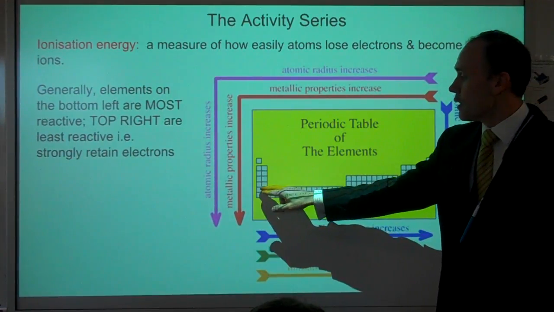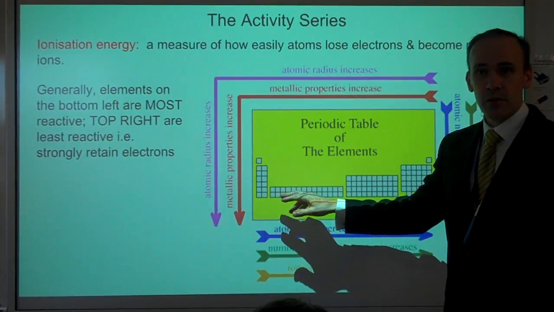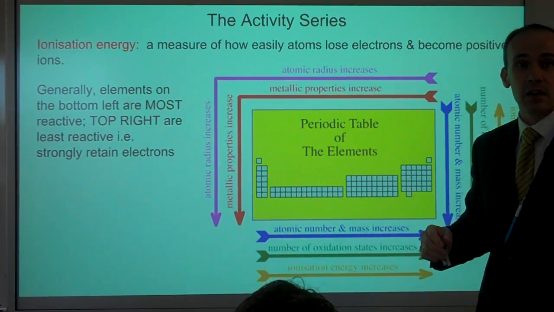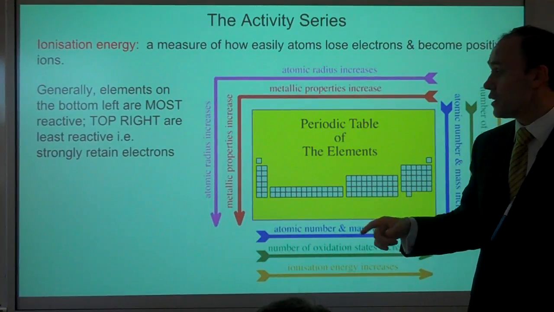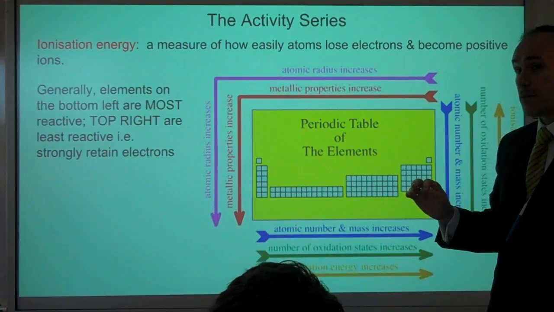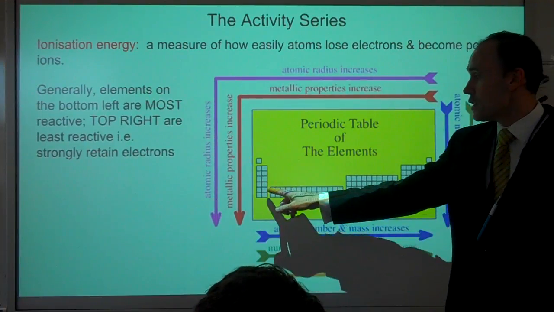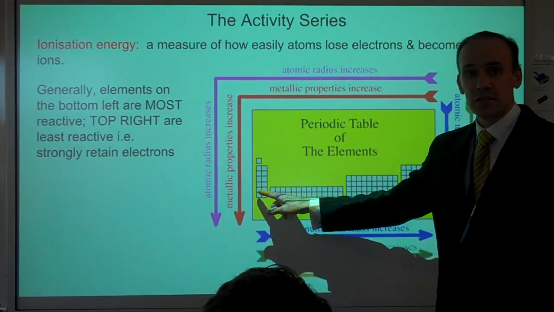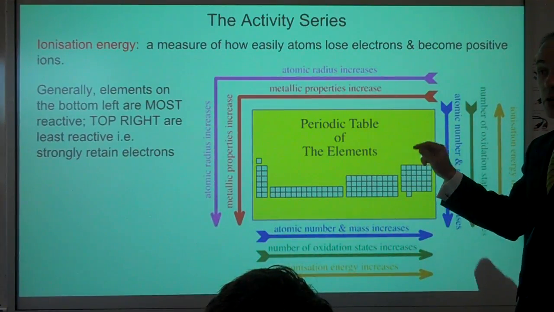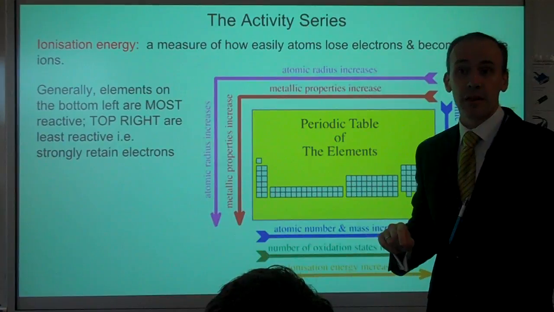Whereas the elements at the bottom left have low ionisation energy. Just a little bit of energy is enough for the valence electron in group 1 to be stolen away. Okay, you follow that idea? Lots of energy needed to steal an electron in one place, a little bit in the other.